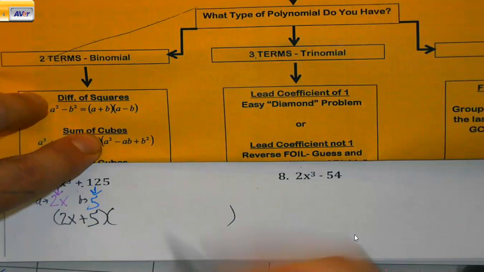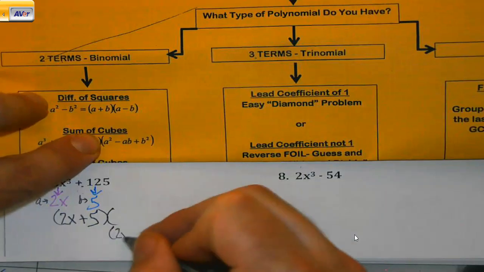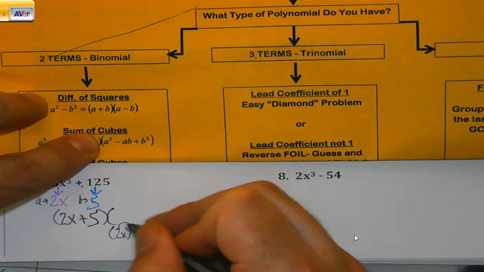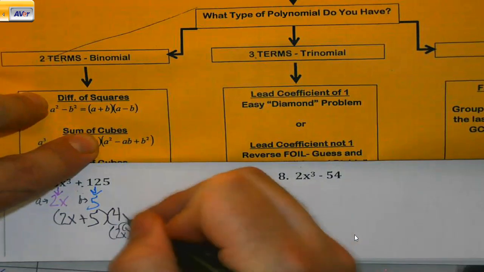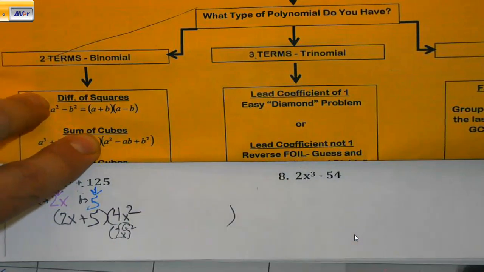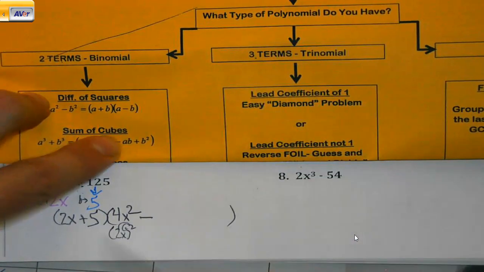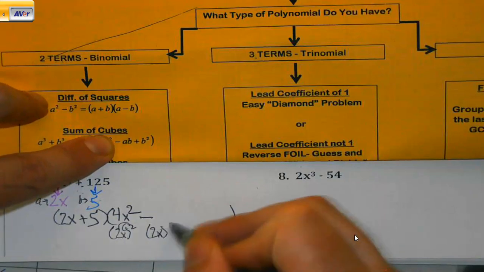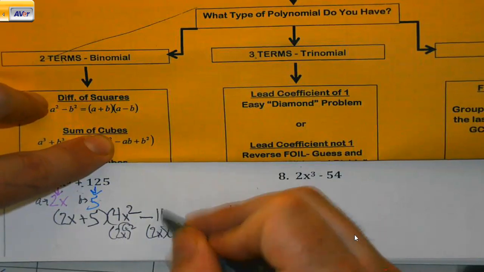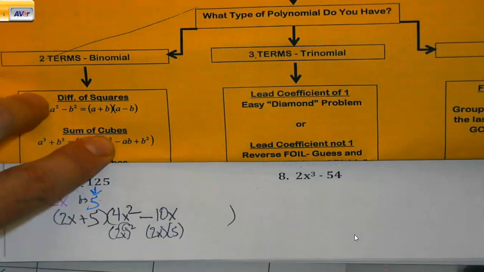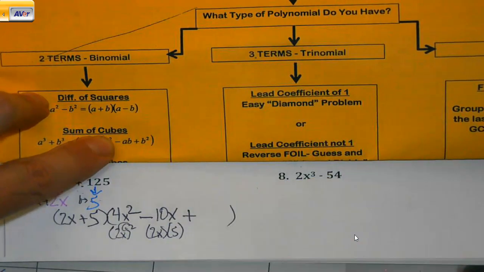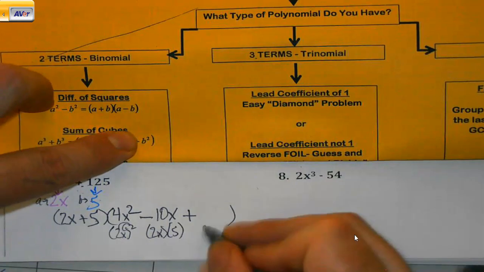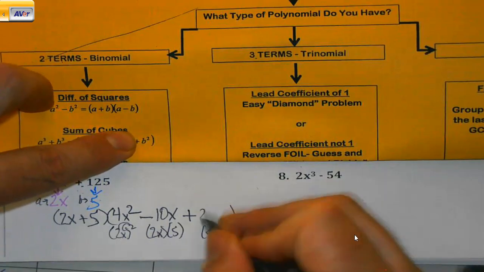Square your a term, which means you're going to square the 2 and the x. Okay, don't just square the x. Minus a times b, plus your b term squared.